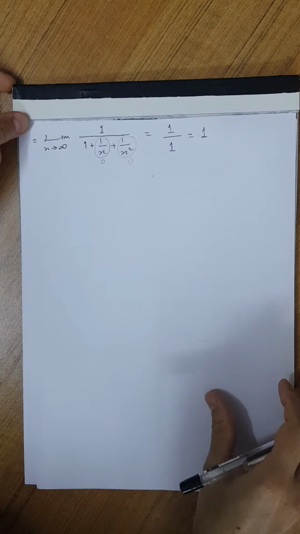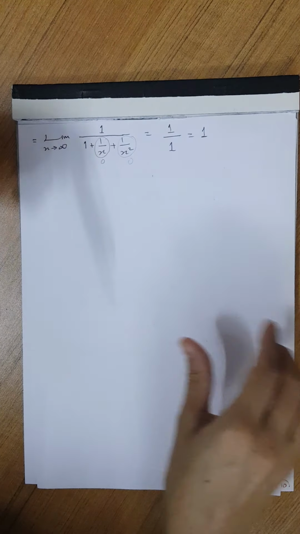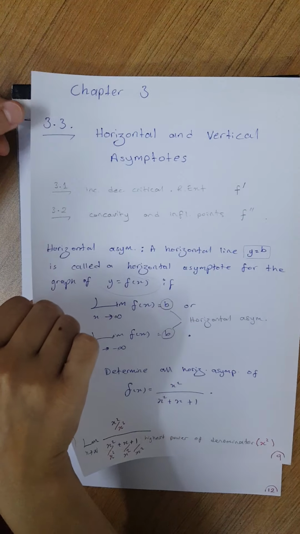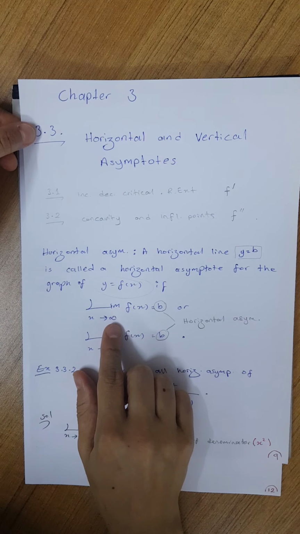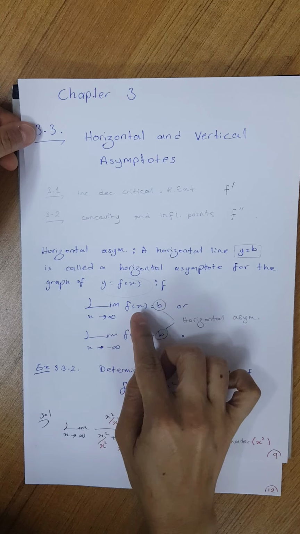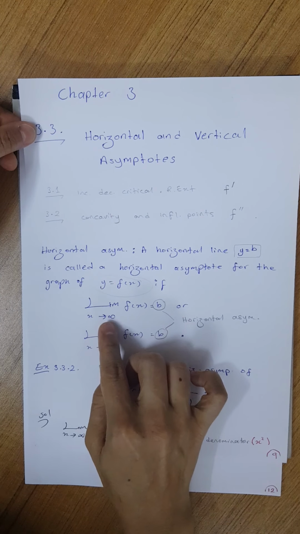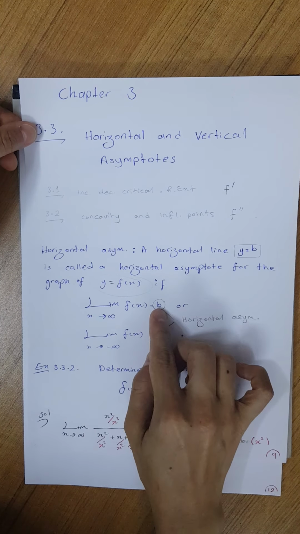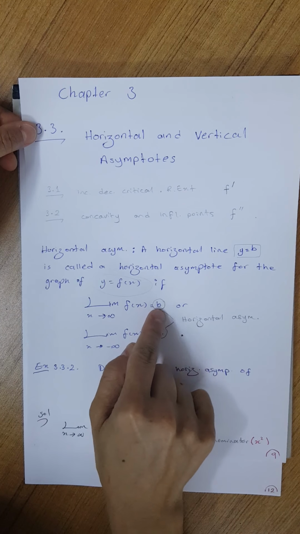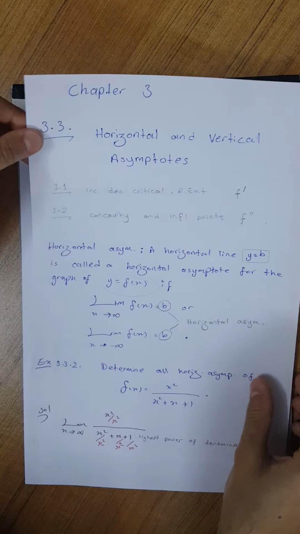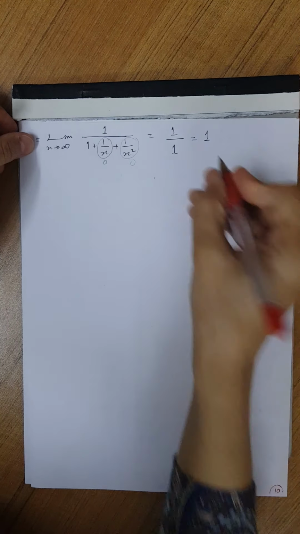What did I get here? I got the number 1. What does the formula say? Well, the definition of horizontal asymptote says if I find the limit of the function as x is approaching infinity and that's equal to a number, I will call that number a horizontal asymptote. So I found the limit of the function and I got the number b.